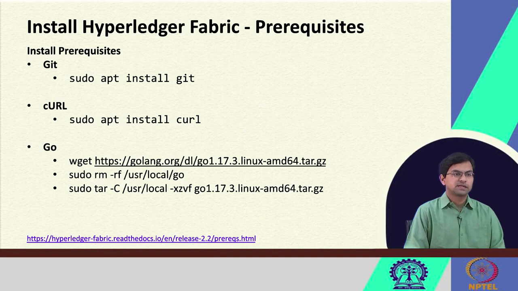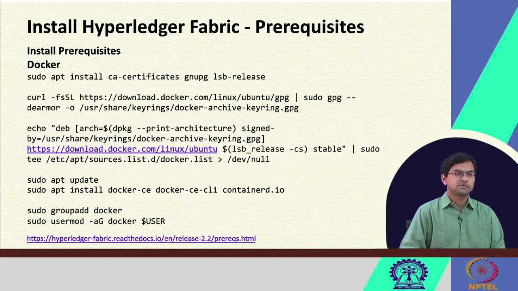After you have installed Git, curl and Go, the next steps would be installing Docker and then installing Docker Compose. Installing Docker has multiple steps, and based on the platform and operating system you are using on your own laptop or PC, these steps will vary. These are very specific to the Ubuntu Linux operating system. Here the steps are first adding a repository and the keys, and then finally doing sudo apt update and sudo apt install docker-ce, docker-ce-cli and containerd.io.